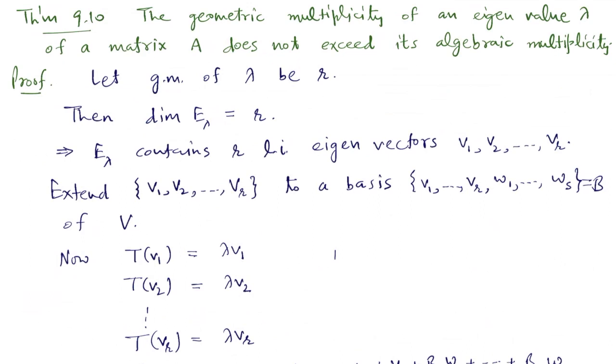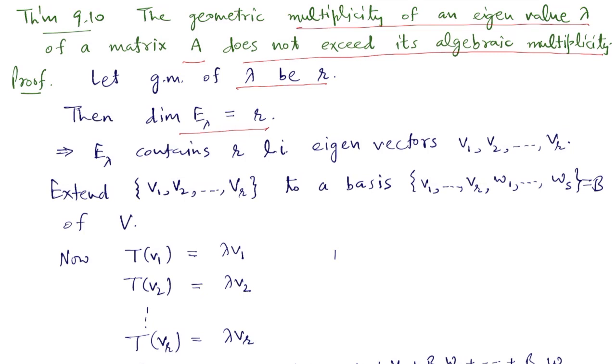We now prove this result, which says that the geometric multiplicity of an eigenvalue lambda of a matrix A cannot exceed its algebraic multiplicity. So geometric multiplicity always remains less than or equal to the algebraic multiplicity. Suppose the geometric multiplicity of lambda is r, then the dimension of E lambda will be r by definition.